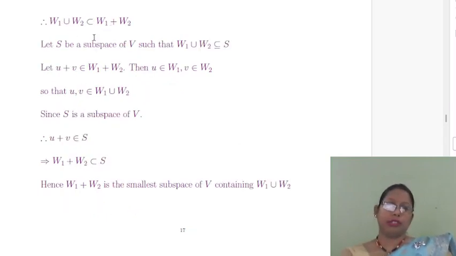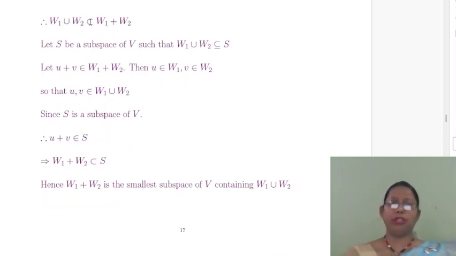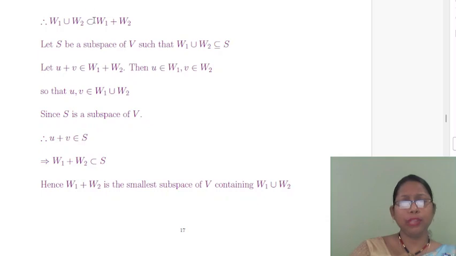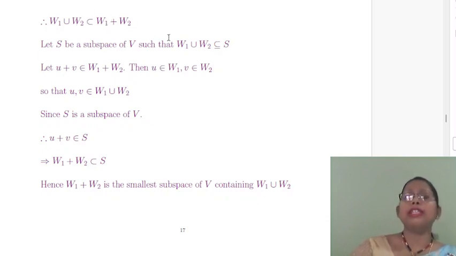Okay, this is the condition: w1 union w2 is a subset of w1 plus w2. What we are going to prove is that w1 plus w2 is the smallest subspace containing w1 union w2. For that, we will consider any subspace containing this. That subspace will contain w1 plus w2.